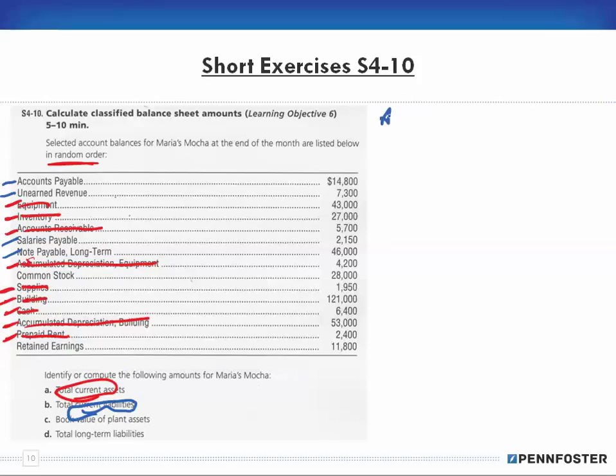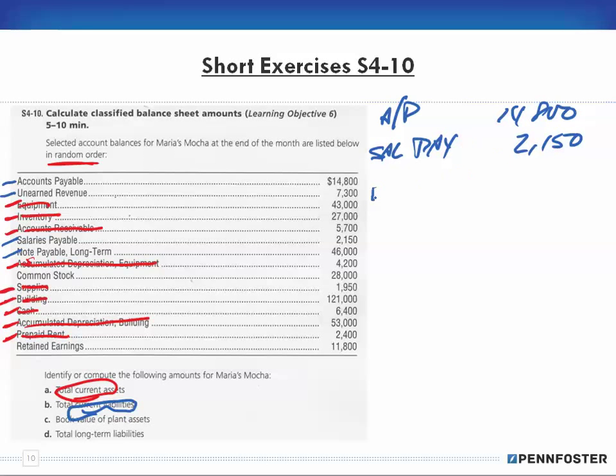Well, accounts payable is $14,800. Salary payable actually would be next when we're creating our chart of accounts or our list of accounts: 2,150.